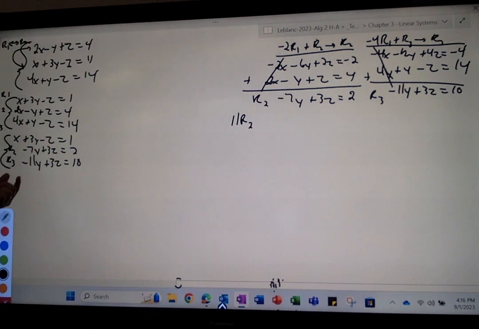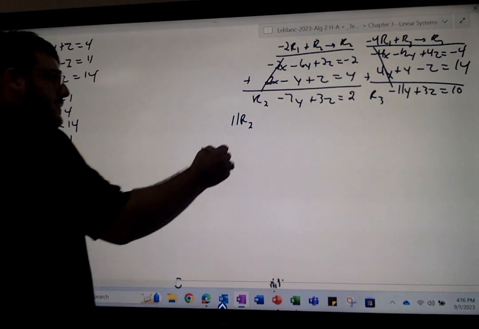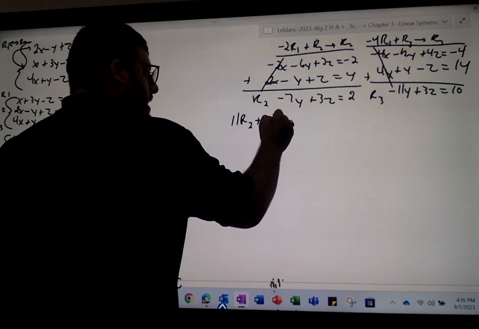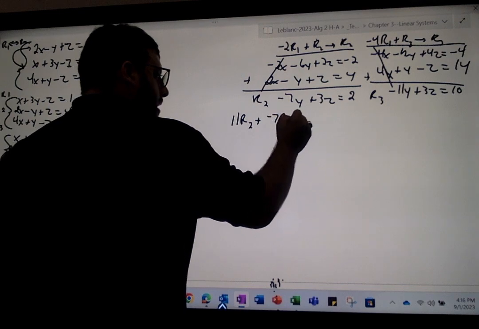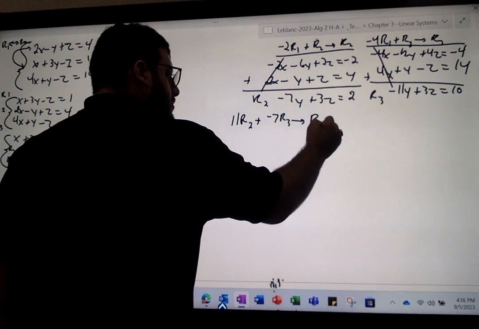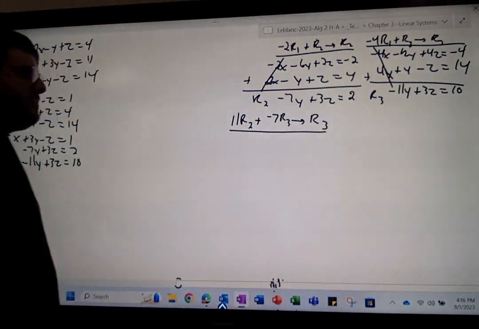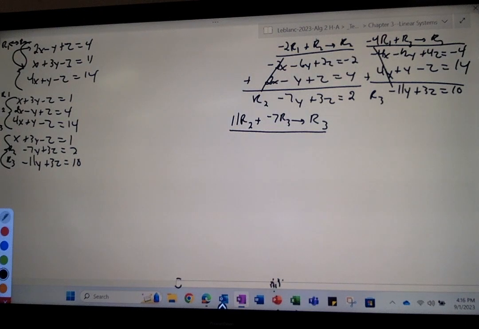I'm going to take negative 7. Now, why negative 7? Well, I'm multiplying this one by 11, so this term will be negative. I want this term to be positive. So that's why I'm going to multiply this by negative 7, because negative times negative is a positive. So plus negative 7 times row 3, and that's going to be my new third row.